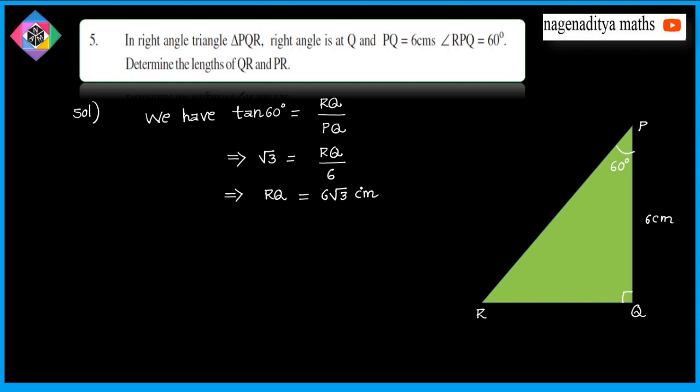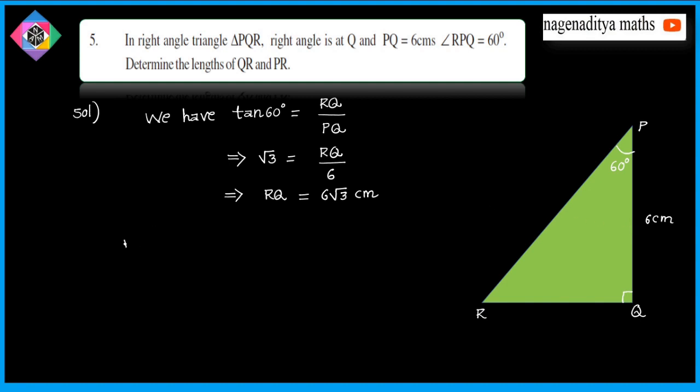So now we have to find the value of PR also. So we can find the value of PR using Pythagoras theorem or also using trigonometric ratios. So here 60 degrees, this is the hypotenuse and this is adjacent side. The relation between adjacent side and hypotenuse is nothing but cos theta.